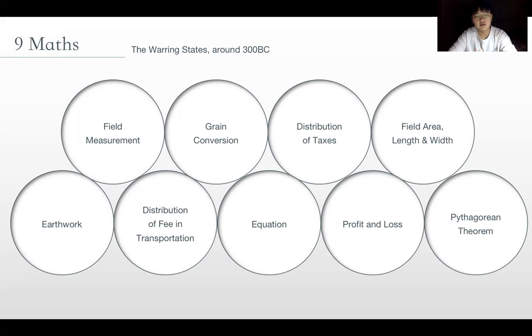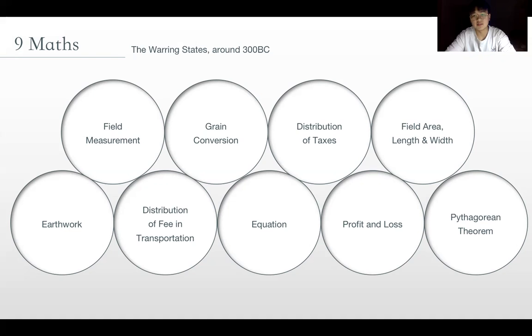And grain conversion. In some areas, people use one kind of grain, while in another area, people might use another kind of grain. When they need to exchange them, they use grain conversion.